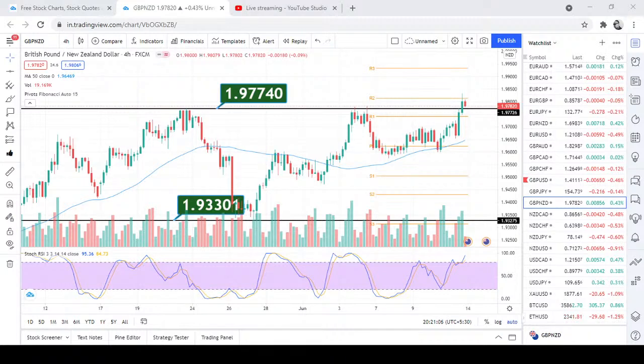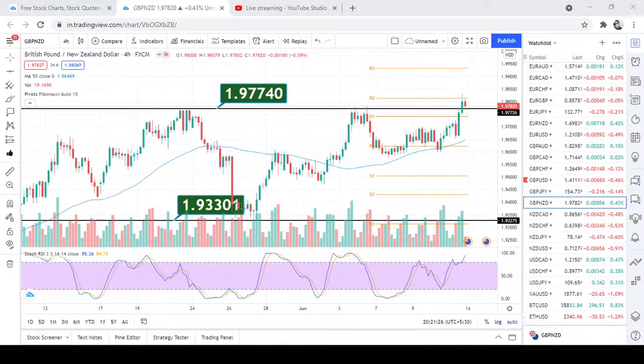On Friday, during the last trading hours, the market successfully crossed this resistance level. So your job is to observe GBP NZD on Monday.